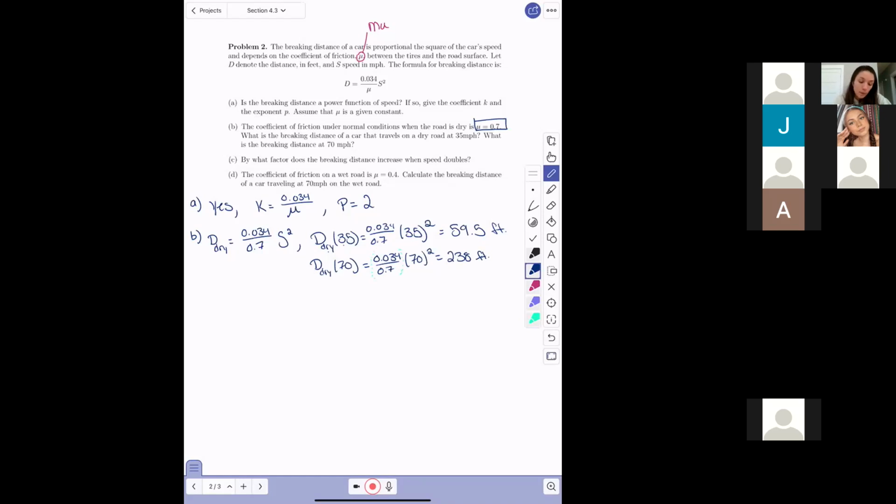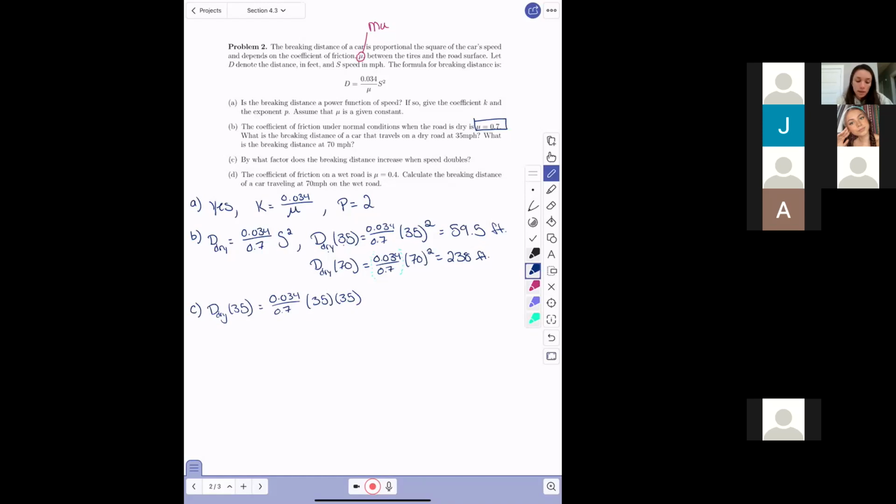So question C, by what factor does the braking distance increase when speed doubles? Okay, this one's a little tough unless you think about it quite a bit. So let's consider d dry of 35. Let's just write out what that was again. That was 0.034 over 0.7 times 35 squared. So it's just 35 times 35. Okay.